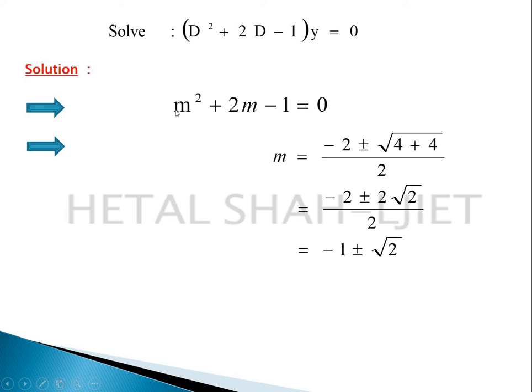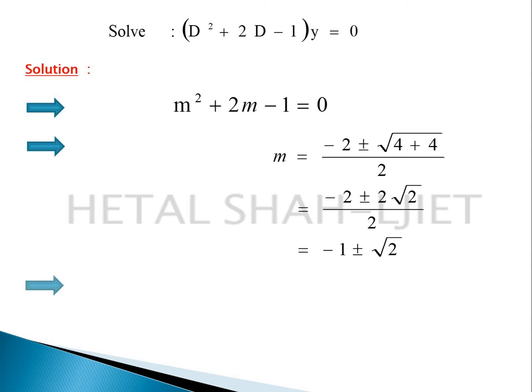So the coefficient of m square is 1, so 2. By simplifying this, square root of 4 plus 4, that is 8, so 2 root 2. By simplifying this, we get the roots minus 1 plus or minus under root 2. See, here we get two roots, minus 1 plus root 2 and minus 1 minus root 2.